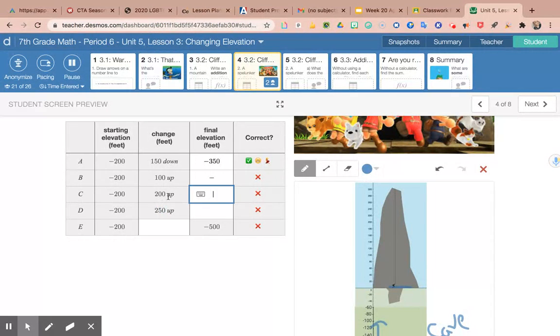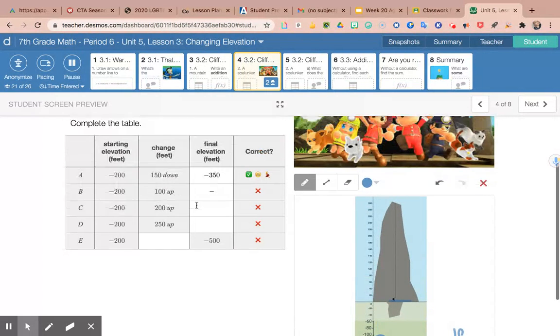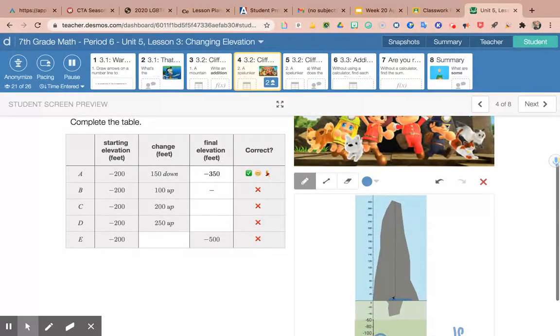So if this was back on the ground at 0, this would be 50 more. And then if I'm at negative 200 and eventually I'm going to get to negative 500, I'm going to have to go down further into the cave. How much further do I need to go from 200 to 500? I need to go 300 more down into the cave.